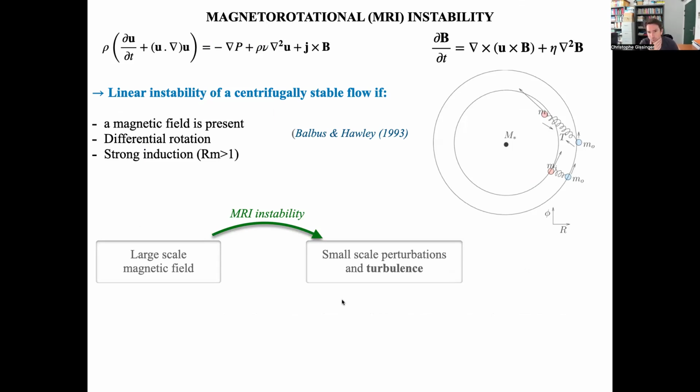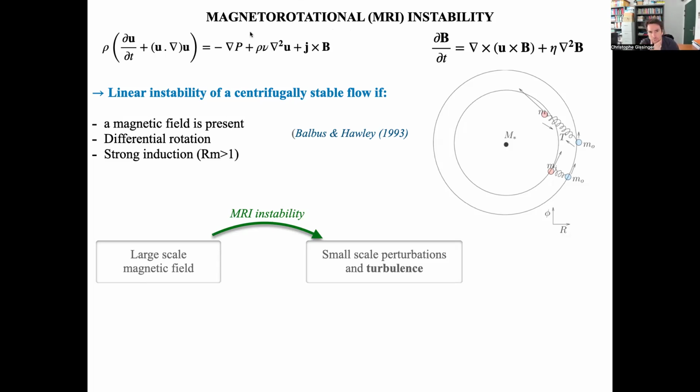Again, I won't go into too much detail, and I'm assuming a lot of people know what it is. But if we perform a linear stability analysis of these equations with a magnetic field, we can make a centrifugally stable flow unstable through the magnetic field.